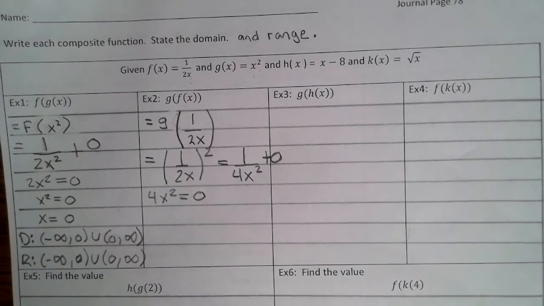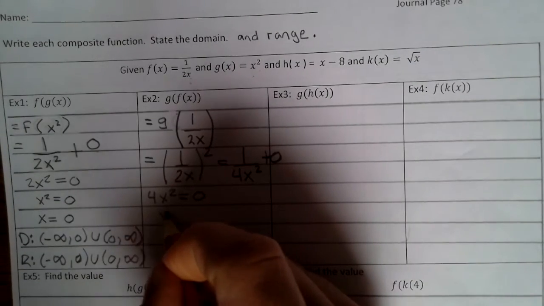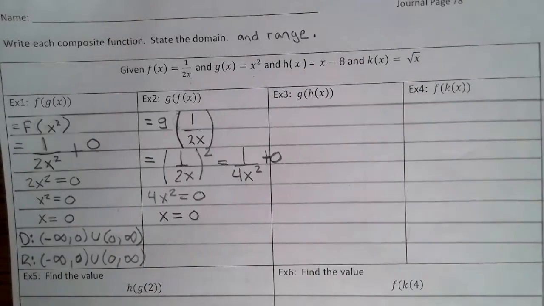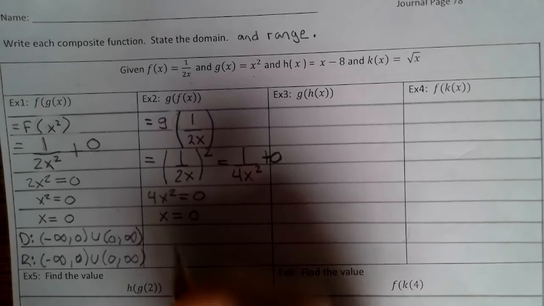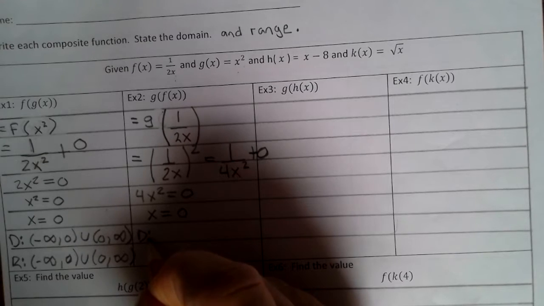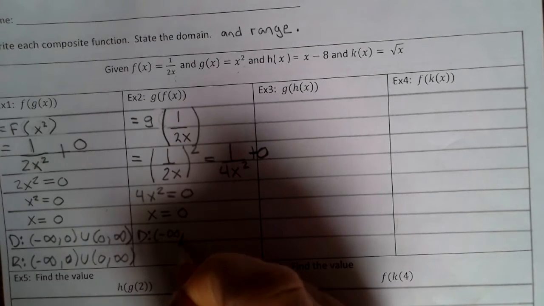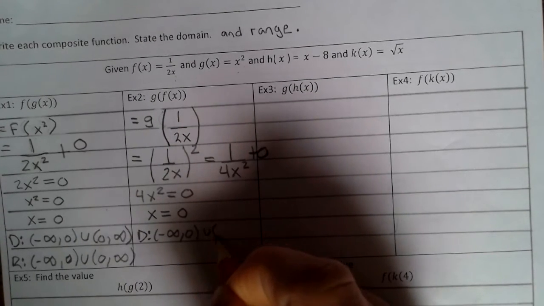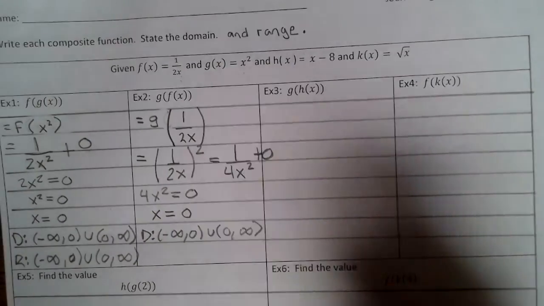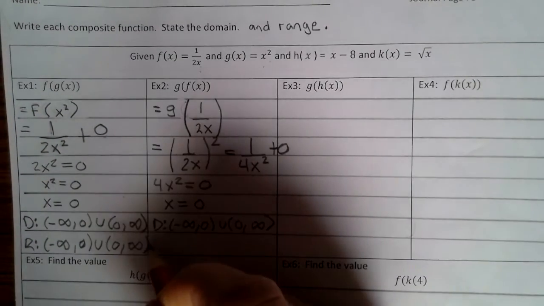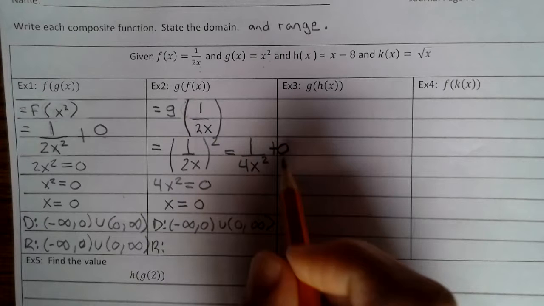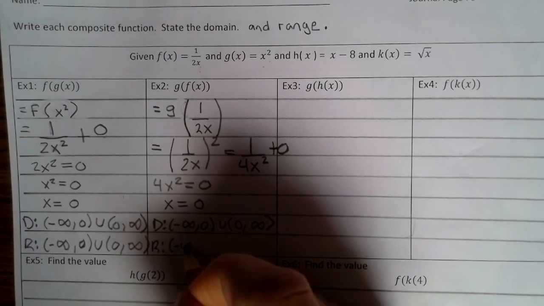It's very simple. x equals 0. All right? So domain is negative infinity to 0 or 0 to infinity. Range, again, because of that 0, it's negative infinity to 0 or 0 to infinity.